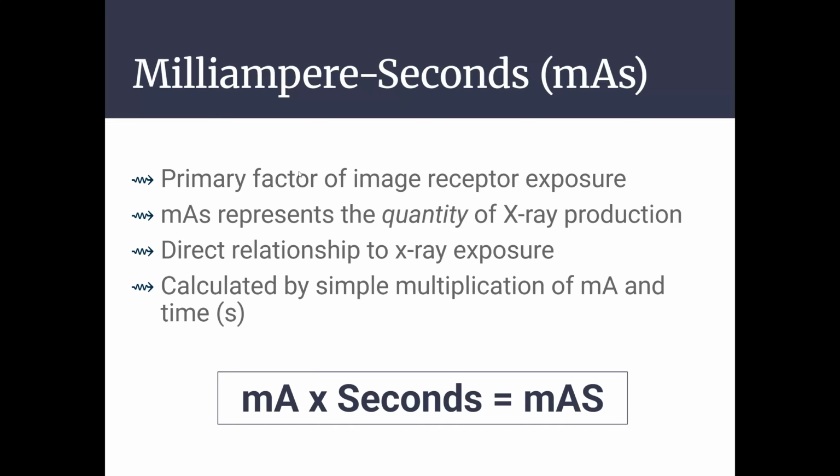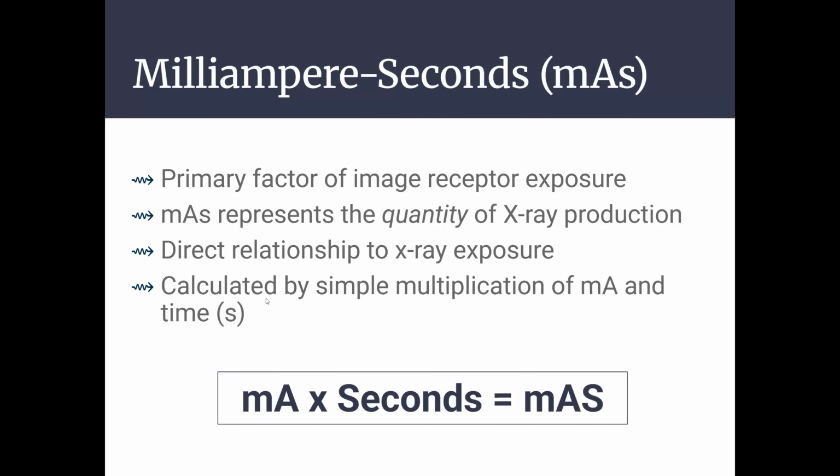So let me just say that again. The higher X-ray exposure will have a high signal value, but will also have a high dose to the patient, because you have more quantity of the X-ray beam going towards the patient.